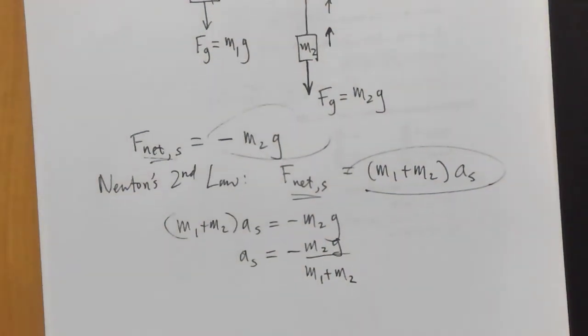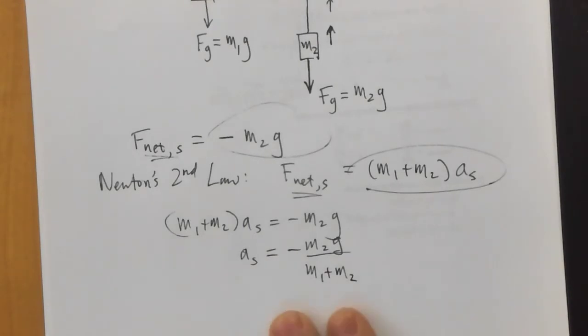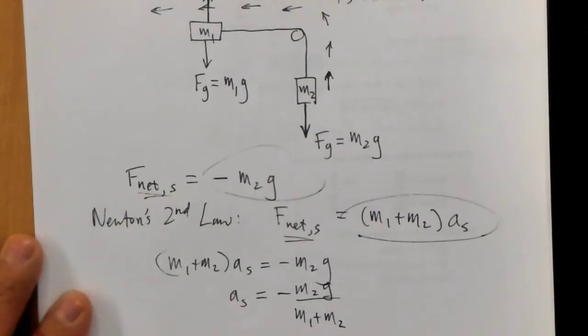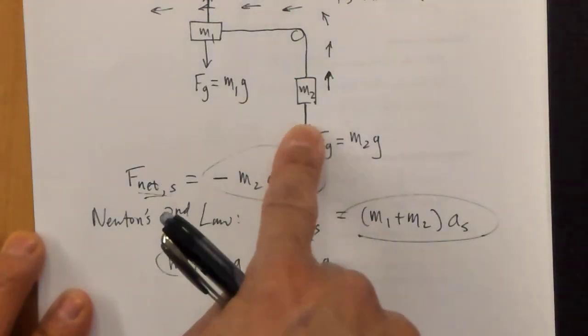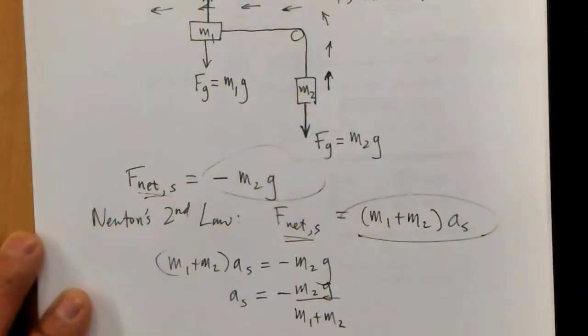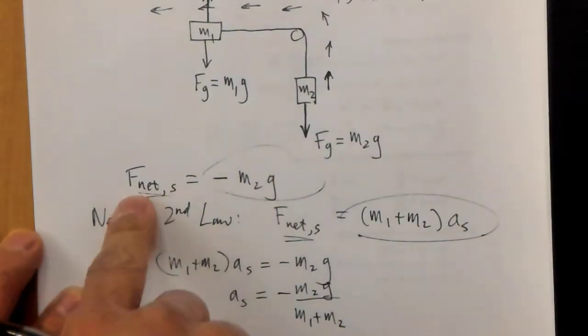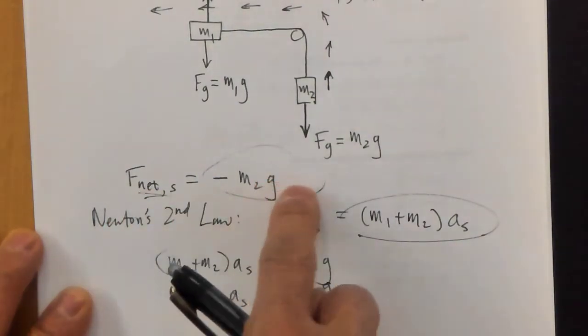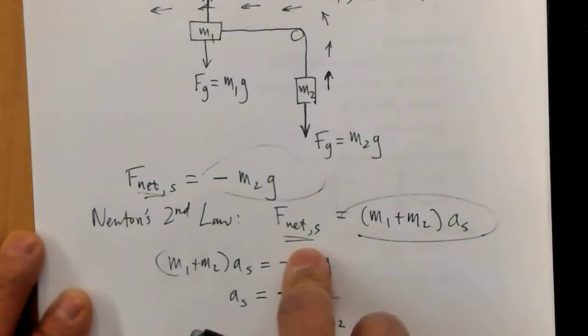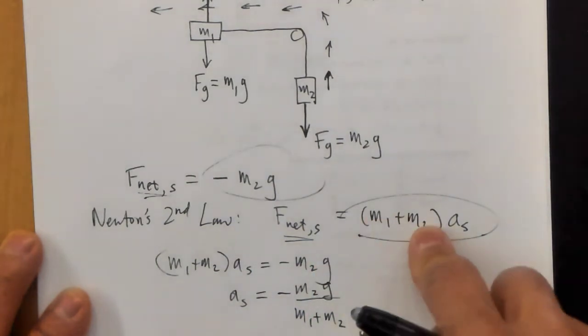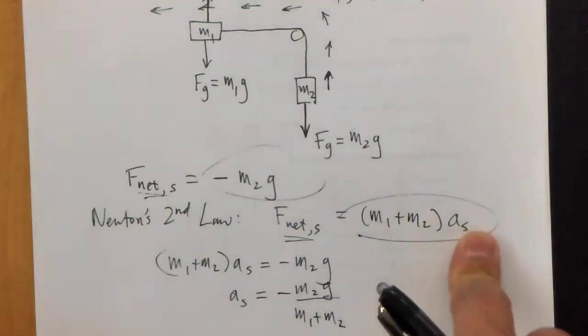That is the quickest way to get the acceleration of the system for these complicated pulley problems. You just simply use this S direction thing, consider both masses together. You get that the net force is just coming from the weight of the hanging object. F net S is equal to minus M2G. And then F net S is equal to the sum of the masses times the acceleration AS.